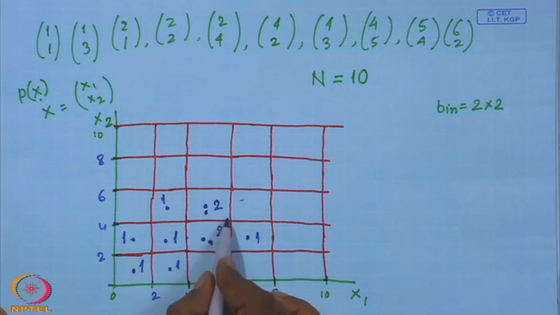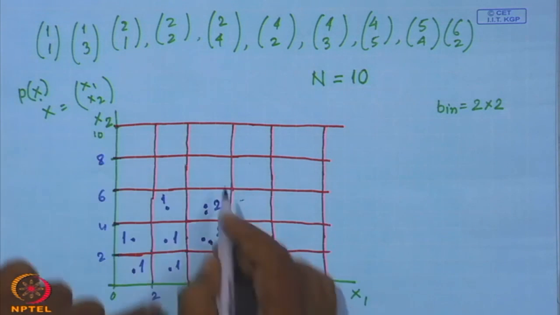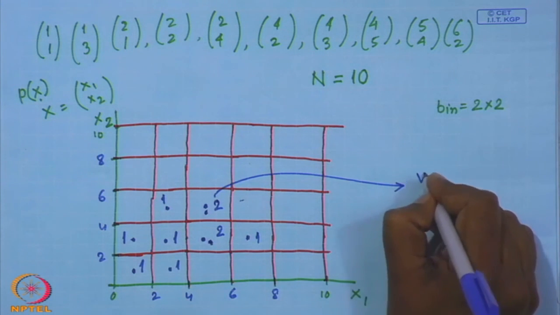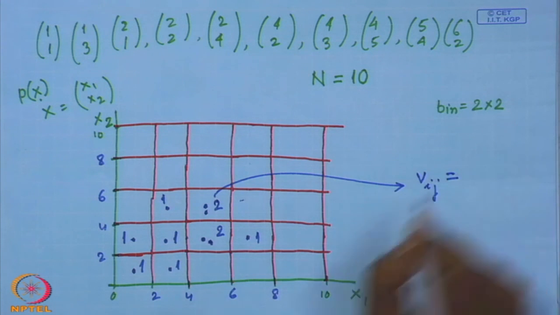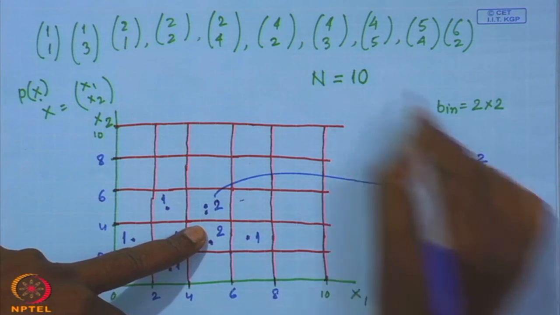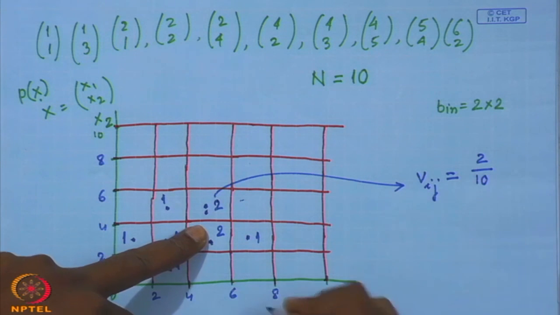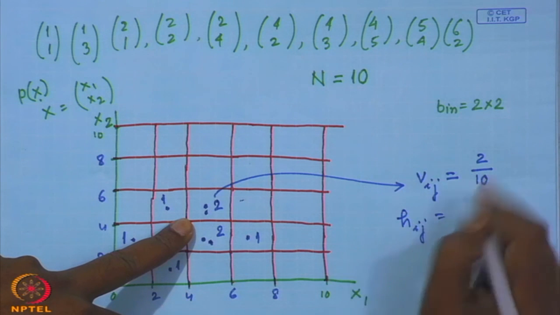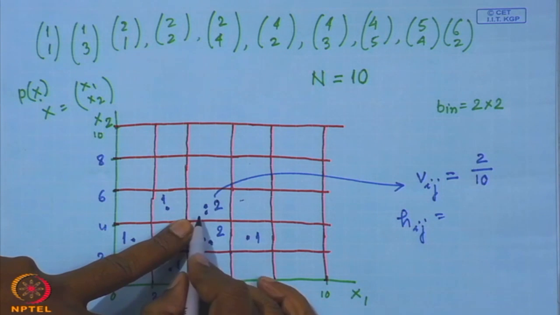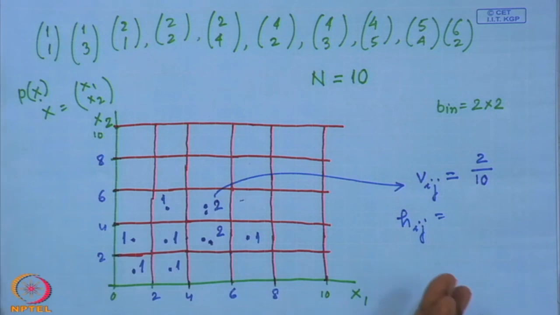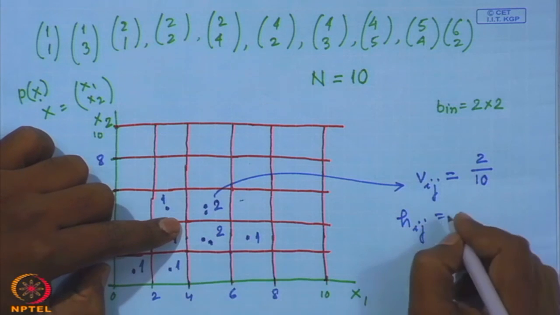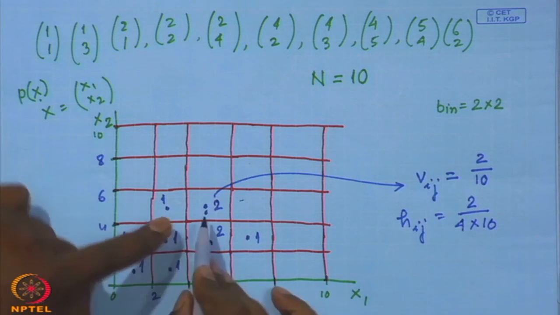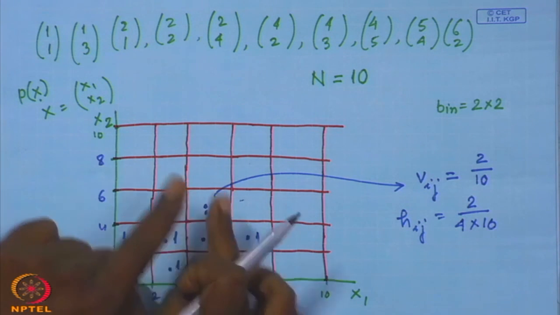The volume of the bar V_ij over this bin will be equal to 2 by 10, where the total number of samples is 10. The height of this bar, H_ij, is this divided by the area of the base, and since this is a bin of size 2 by 2, the area of the base is 4. So, H_ij is equal to 2 by (4 into 10), and that is nothing but the probability density estimate within this bin.